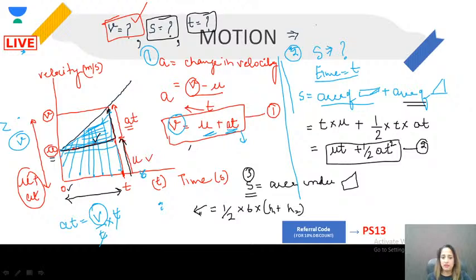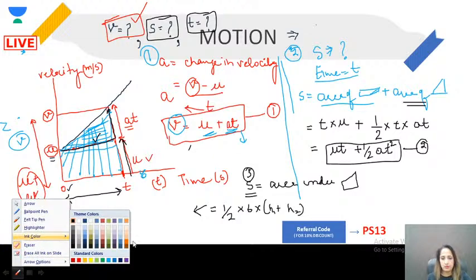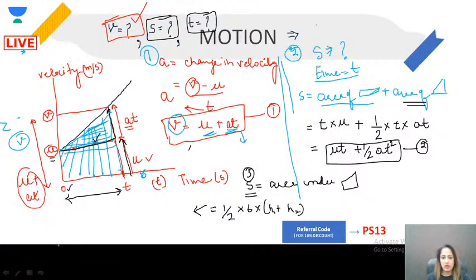Here I'll just delete this thing because it's coming in my way. So let's do it. Half into b, the base is t, into h1 plus h2.